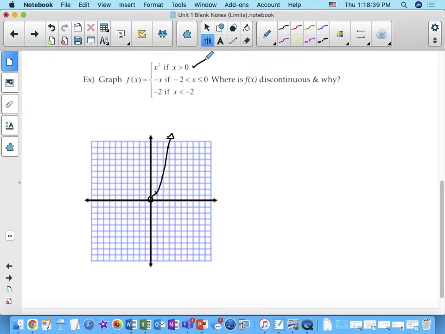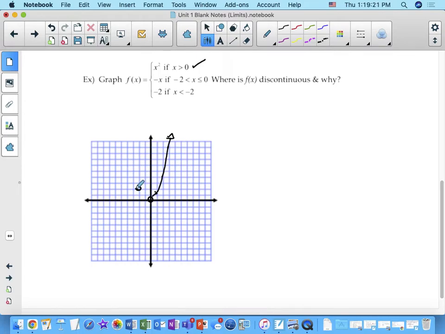Okay. f of x is negative x if negative 2 is less than x, which is less than or equal to 0. Negative x is a linear function, and it's going that way, negative slope, right? Starting at negative 2 is exclusive because the inequality is just a less than, not a less than or equal to, so this one is going to be an open circle.